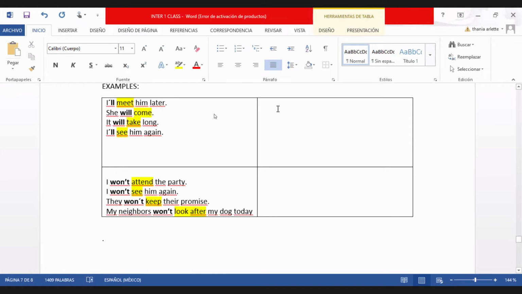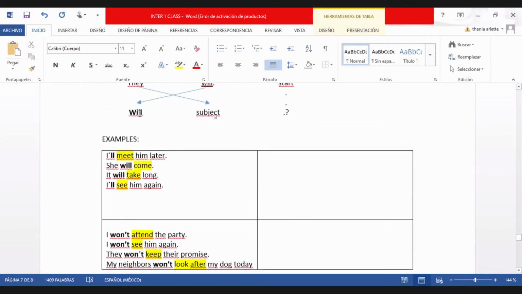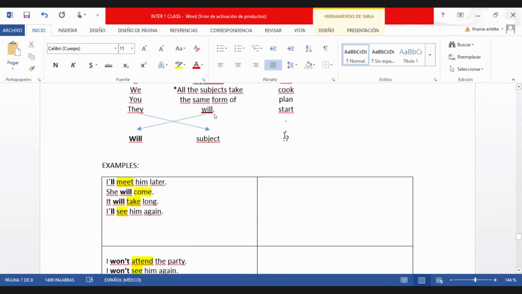Okay. All right. So let's go back to the interrogative. For the interrogative, we place the modal auxiliary first, the subject, and the verb in infinitive. This sentence, I will meet him later.